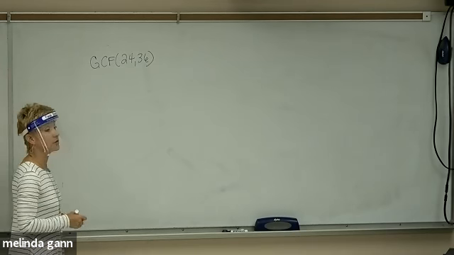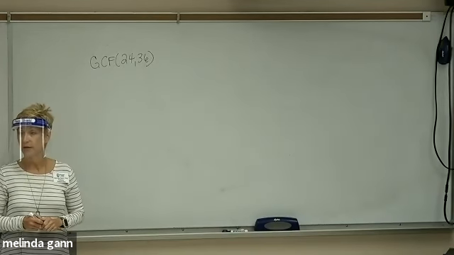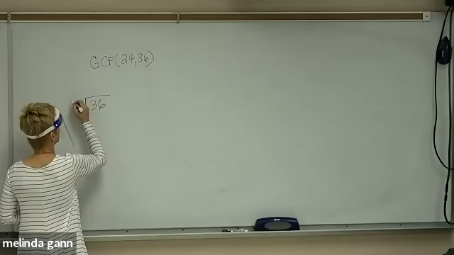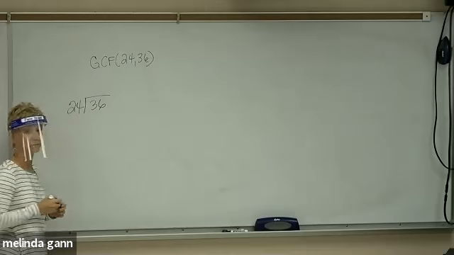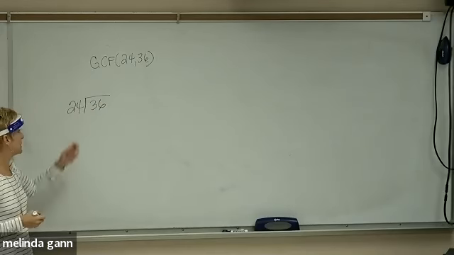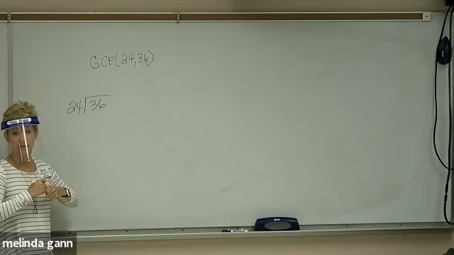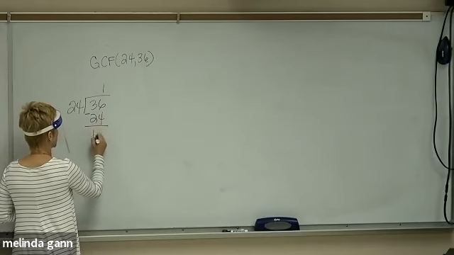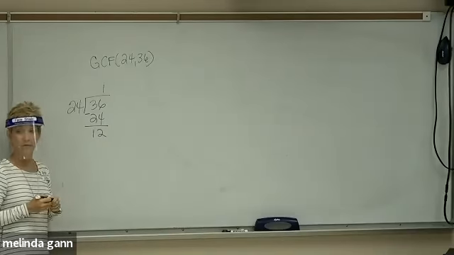What am I going to divide? 36 by what? 24. How many 24s can I pull out of 36? Just 1. So when I subtract that 24, I'm going to have 12 left.